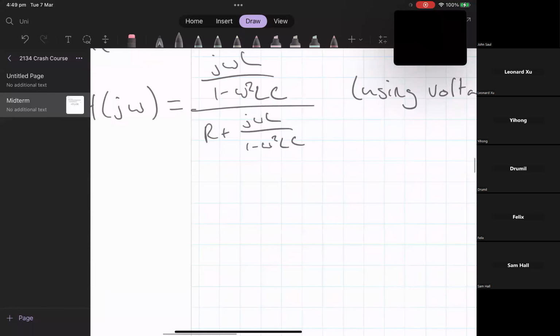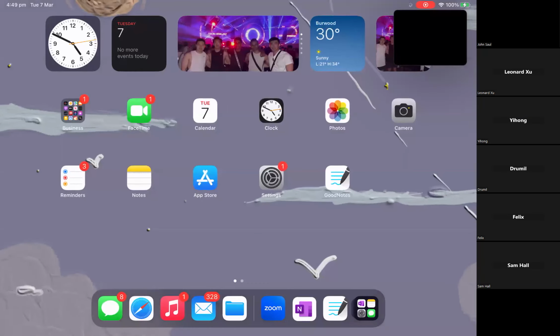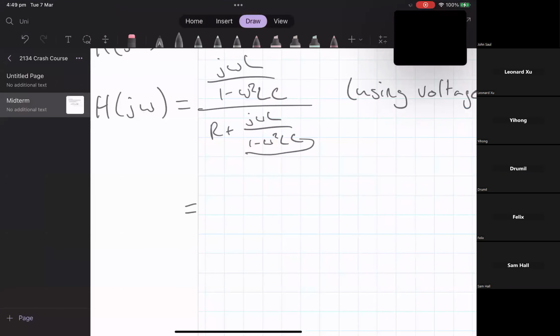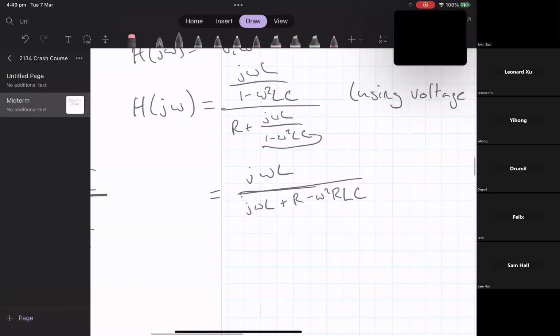We can again simplify this by multiplying this out through top and bottom, and that gives us j omega L on. Cool, so that is our finished transfer function.